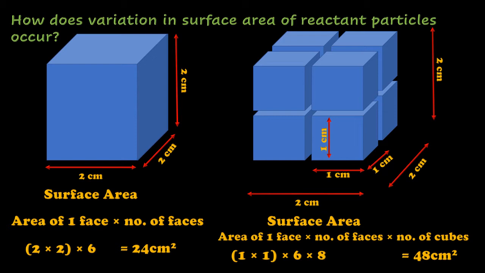We had begun looking at magnesium reacting with dilute hydrochloric acid. In this case, the whole particle could represent magnesium ribbon. The cut particle could represent magnesium powder. How can we use magnesium ribbon and magnesium powder to demonstrate the rate of reaction with hydrochloric acid?